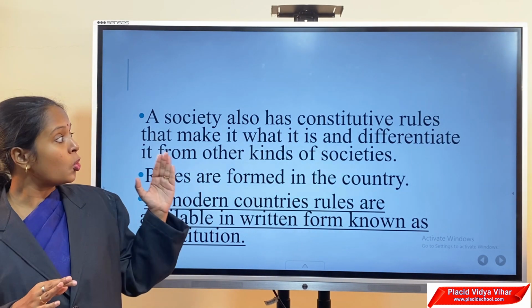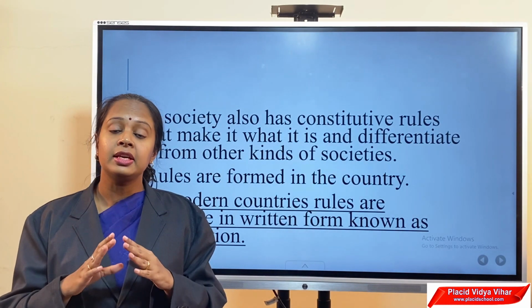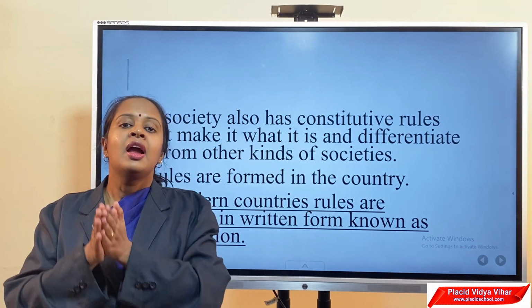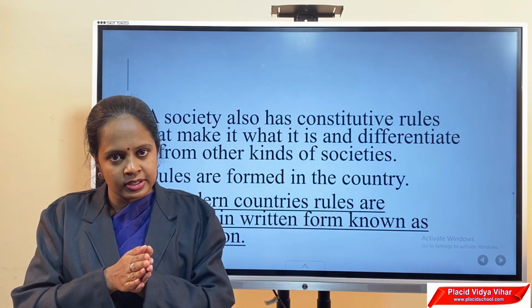A society also has constitutive rules that make it what it is, and those rules help us to differentiate one society from another society.